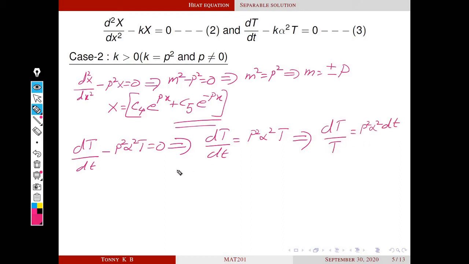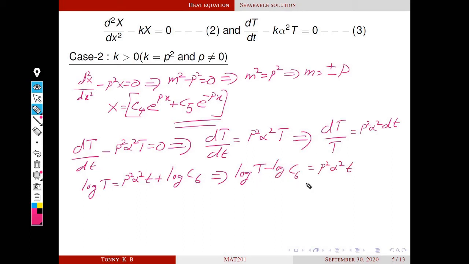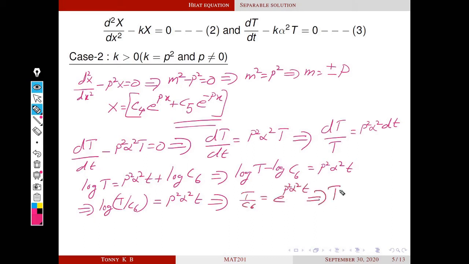By integrating both sides, we get a constant of integration, that is log c6. Log T minus log c6, that is log T by c6. By taking exponents on both sides, we get T by c6 equal to e to the power p square alpha square t.